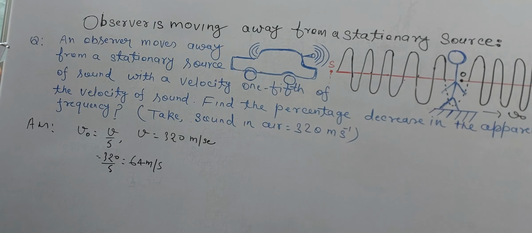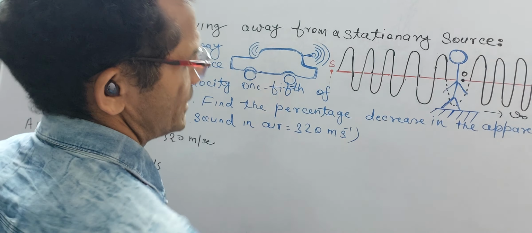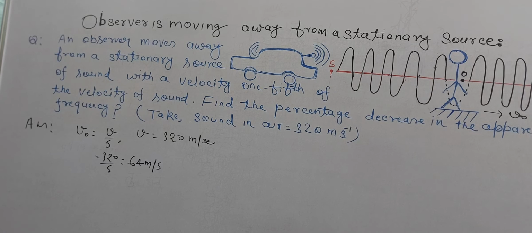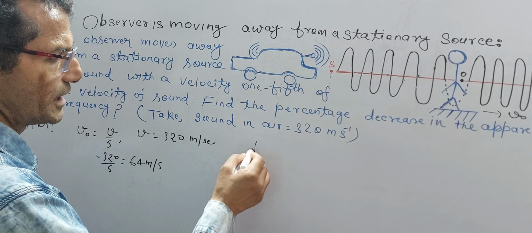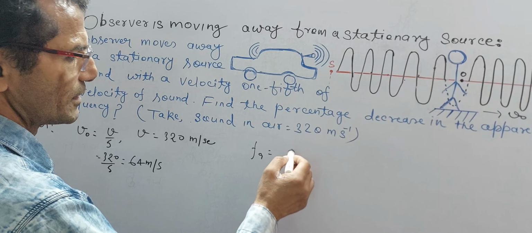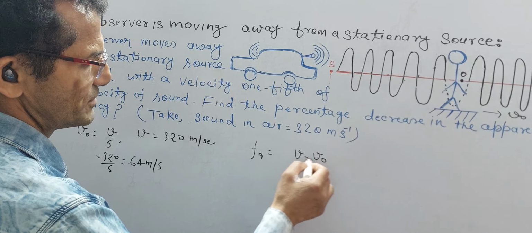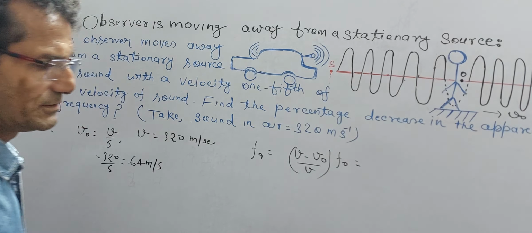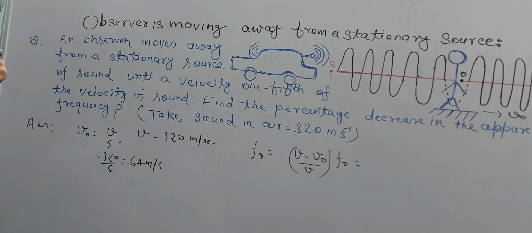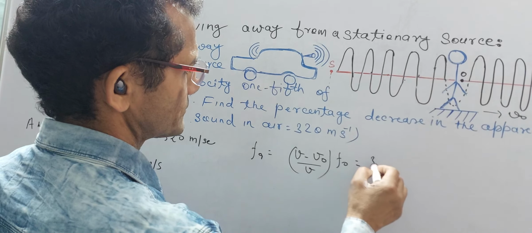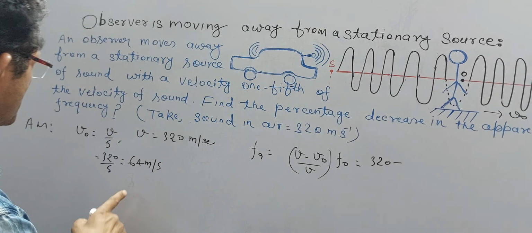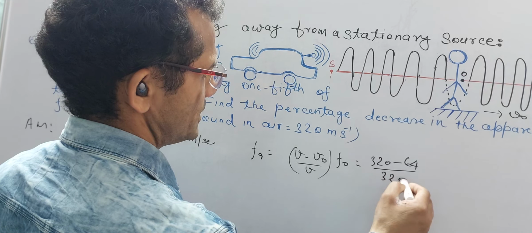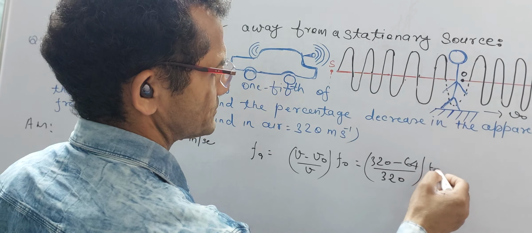So obviously the apparent frequency will be less than the original frequency. Now using the formula, apparent frequency is equal to v minus v naught divided by v into original frequency. Placing the values, 320 minus observer velocity 64, divided by 320 into f naught.